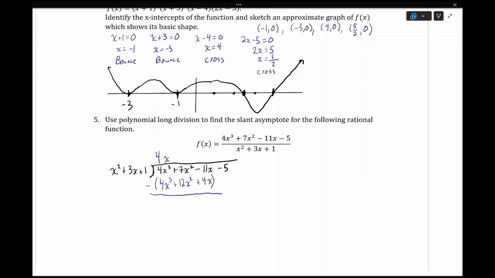So remember, this is 7x squared minus 12x squared, which gives us negative 5x squared. I should note that the 4x cubed minus 4x cubed goes to 0, so we don't even write the result. And negative 11x minus 4x gives us negative 15x minus 5.